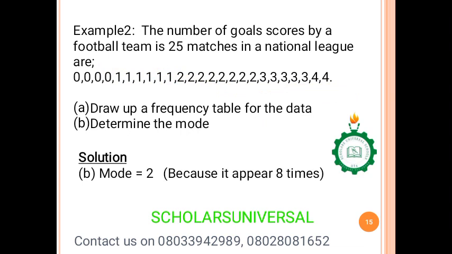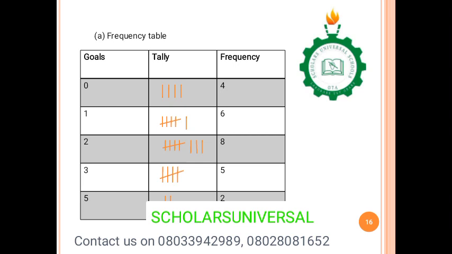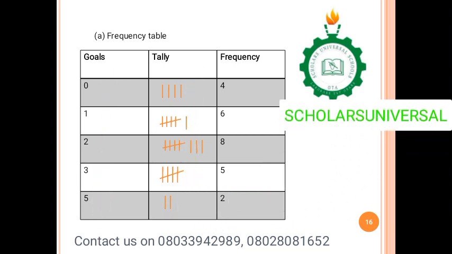Alright, how many times do we have 0? Let's look at the frequency table to make it easier. These are the goals, here is your tally, and this is the frequency. They scored 0 four times, 1 six times, 2 eight times, 3 five times, and 5 two times.